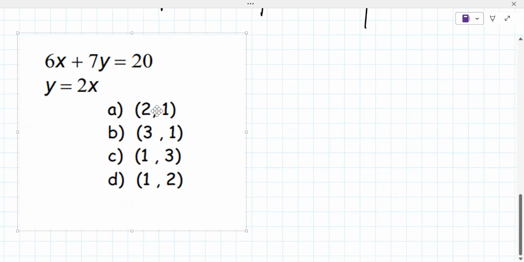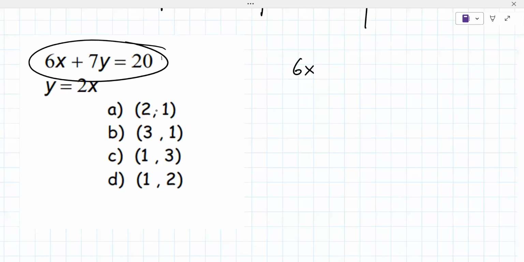What do I do? You try the first equation. You grab the first equation and then you try this point right here. X times 2 plus 7 times 1 plus 20. So these are 2 separate equations? Don't worry about the second one. Just try the first one. See if any of these points work in this first one.